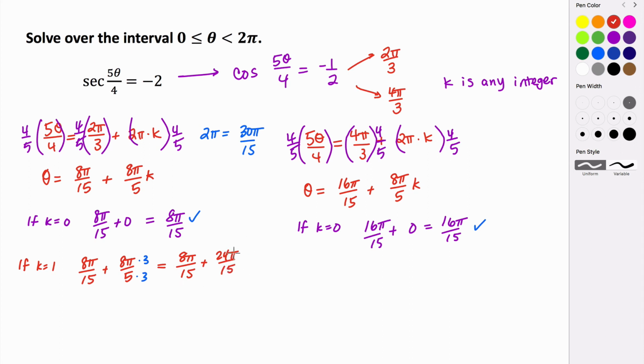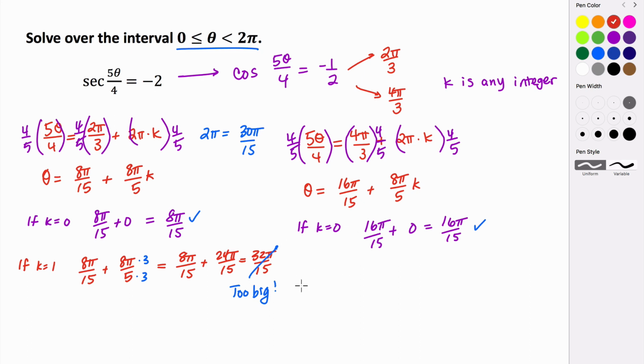When we take this sum, 8 and 24, that's 32 pi over 15. 32 pi over 15 is bigger than 30 pi over 15, so this is not a solution. Well, it would be a solution, but not on the interval from 0 to 2 pi. It's too big, outside of the range we're looking for.